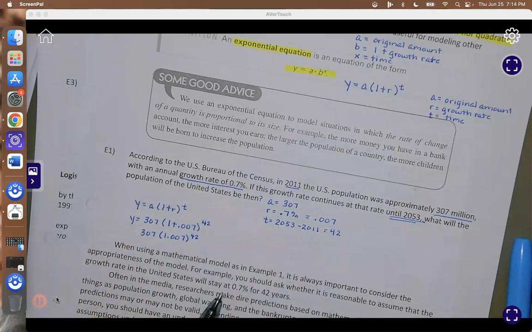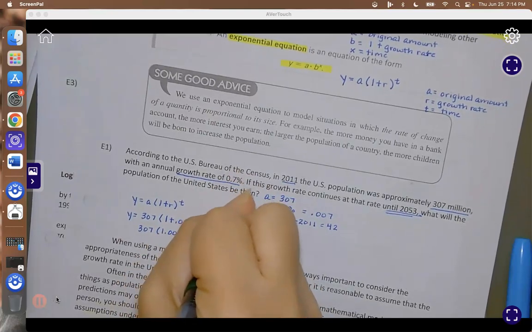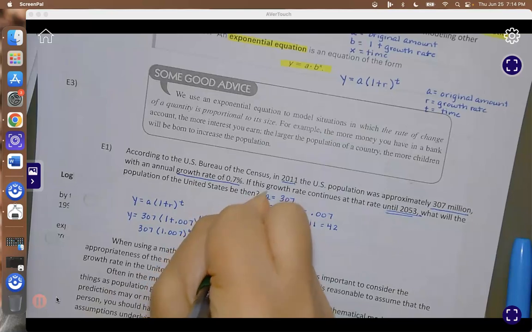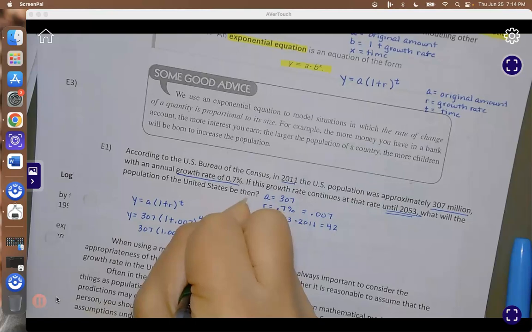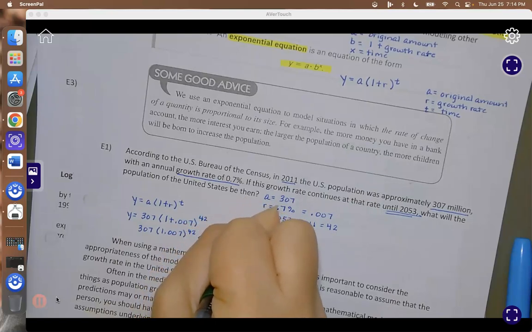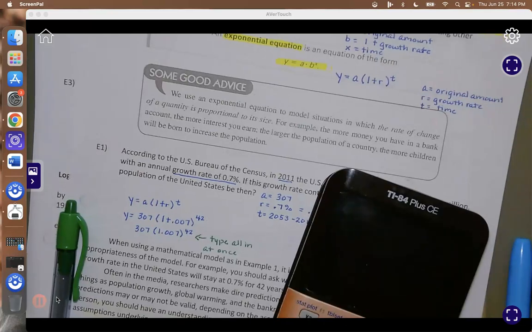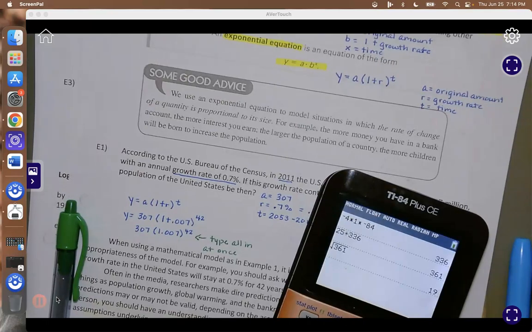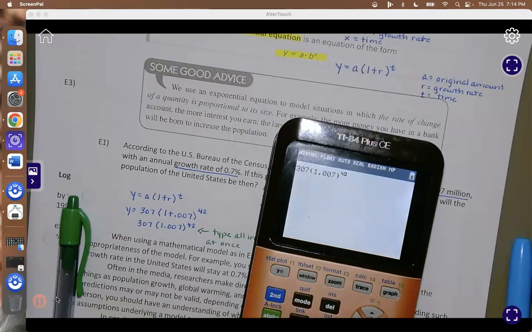Now, I'm going to make a note here. Type it all in at once. So what you're going to type in is 307, open parentheses, 1.007, then the little caret button, which is the little rooftop button, to the 42nd power.